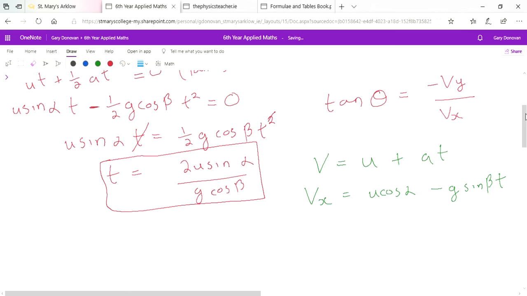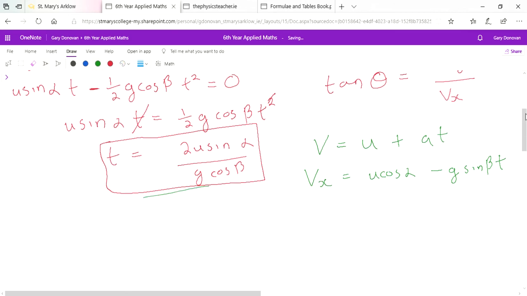We have an expression for t. We know the expression for the time it takes to land. So we can replace this t with our expression, and we'll get u cos alpha minus g sine beta times 2u sine alpha over g cos beta. The g's will cancel.